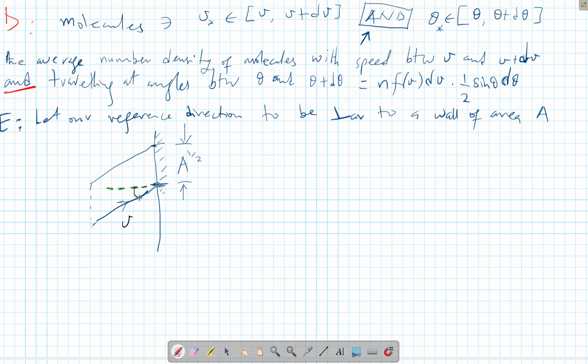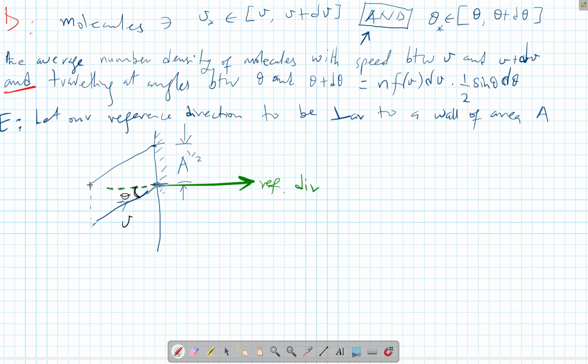So we have theta here. And our reference direction, remember, is going to be, let's say, going that way. Reference direction, right?